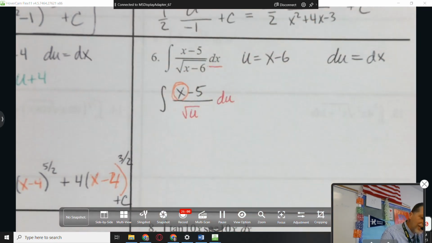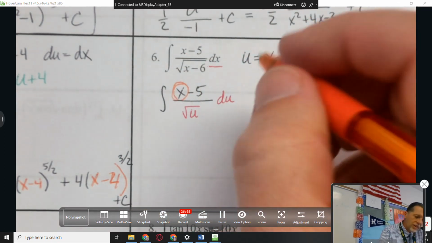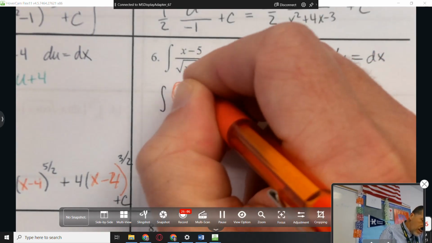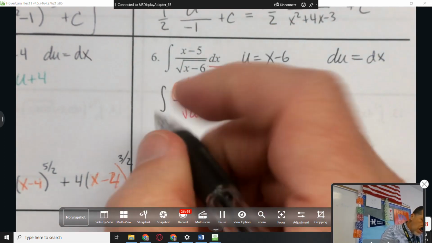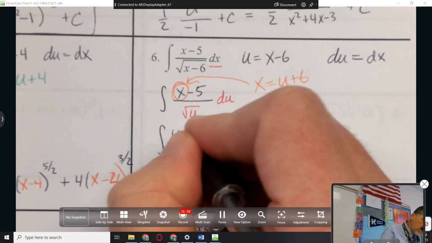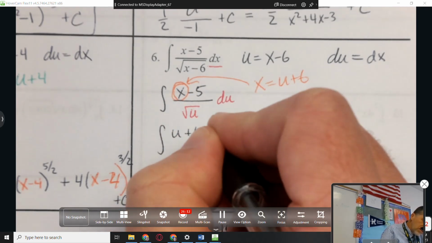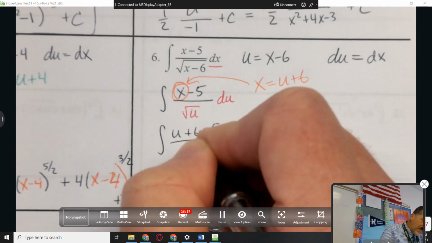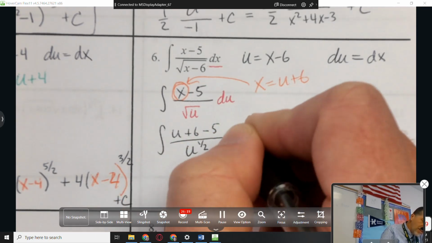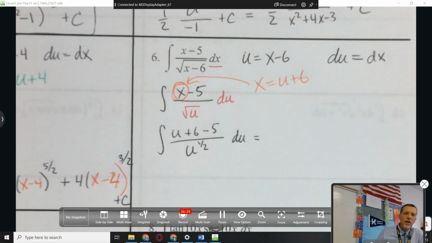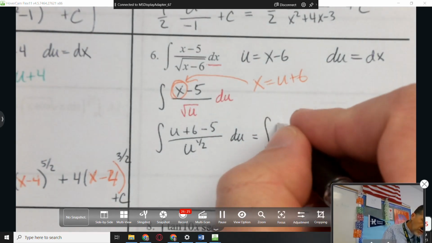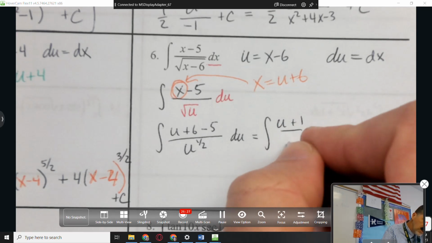Well, what does x equal? What could I replace x with? U plus 6. So u plus 6 minus 5 over, I'm going to rewrite that as u to the 1/2. So still doing algebra here, u plus 1 over u to the 1/2.